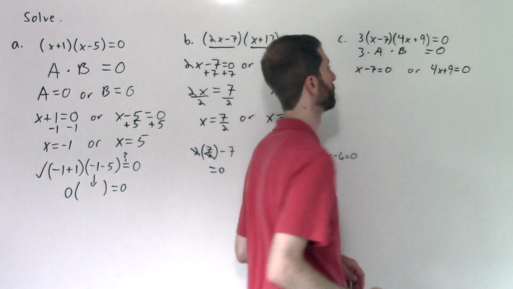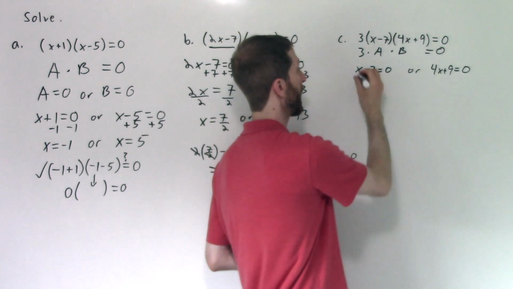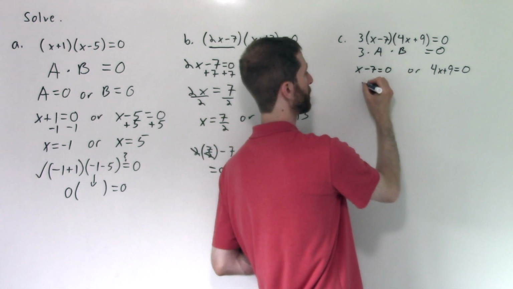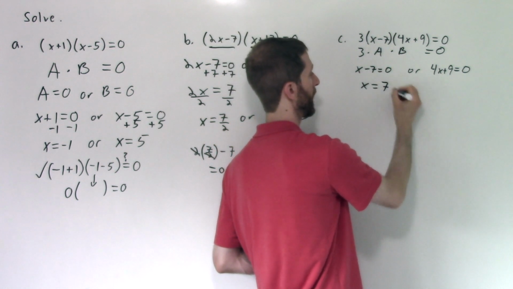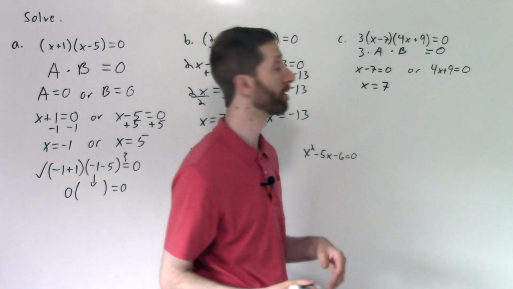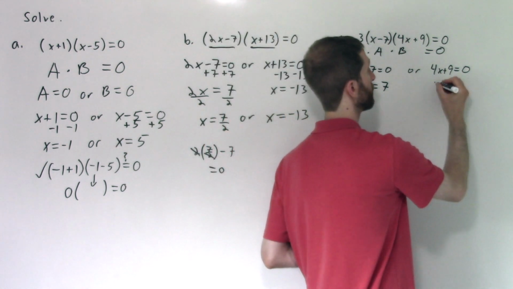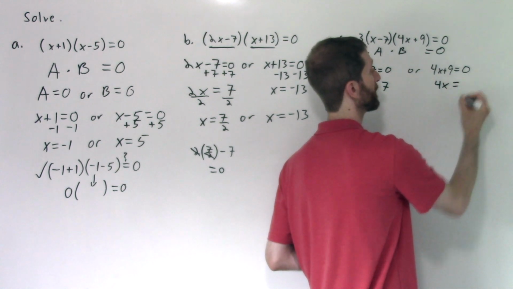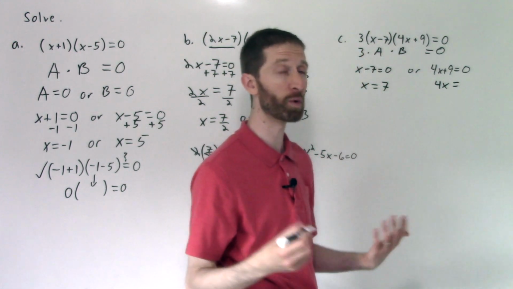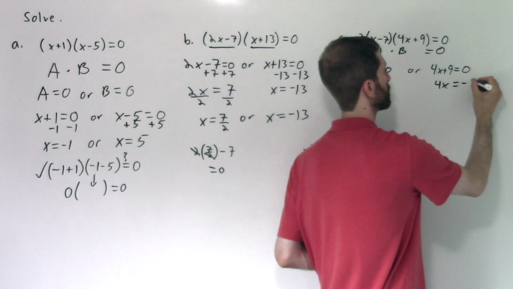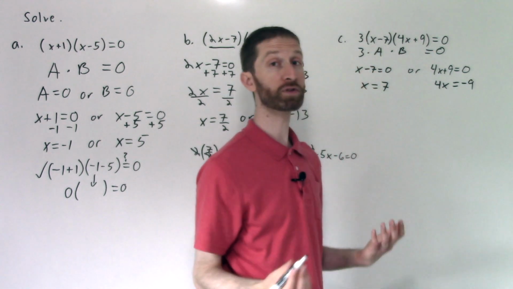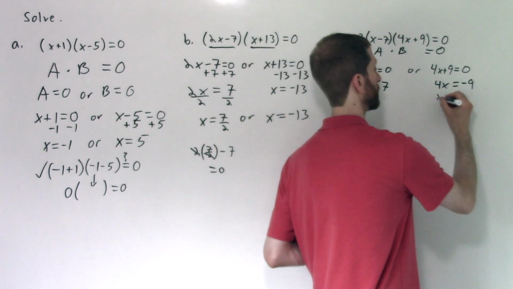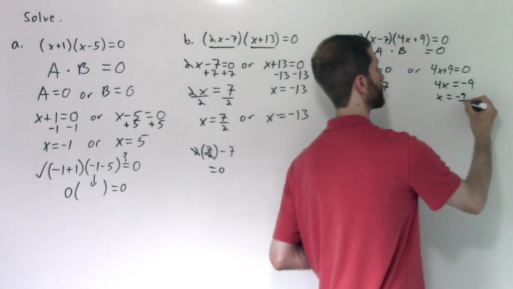Beautiful. Now just solve each equation. x minus 7 equals 0, we'd add 7 to both sides. I'm going to do that mentally. We'd get x equals 7. 7 minus 7 is 0. This one, I'm going to subtract 9 from both sides. I'm going to do a little bit of mental math in this one, mixing in how I eventually want you to solve equations. So we subtract 9 from both sides, and then we divide both sides by 4. And so that's going to leave me with x equals negative 9/4.